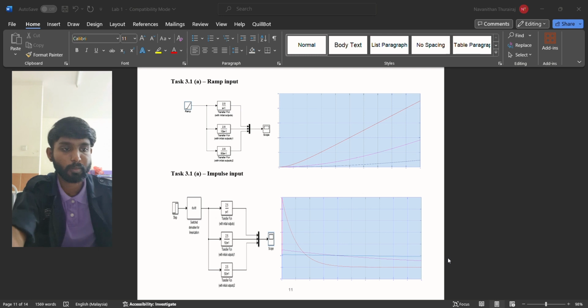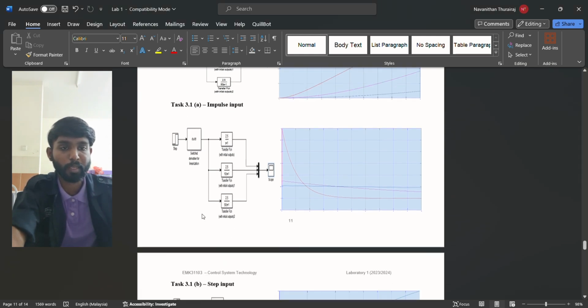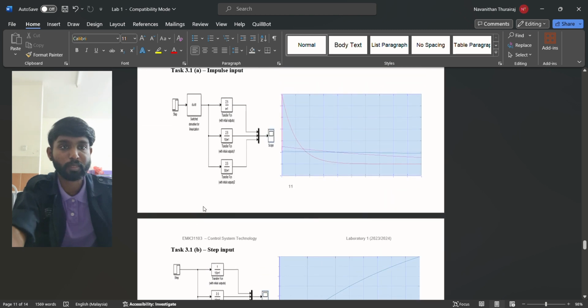Simulate again. This is the ramp input. And lastly, we're going for the impulse input. For impulse input, we have to cut this and insert step again.